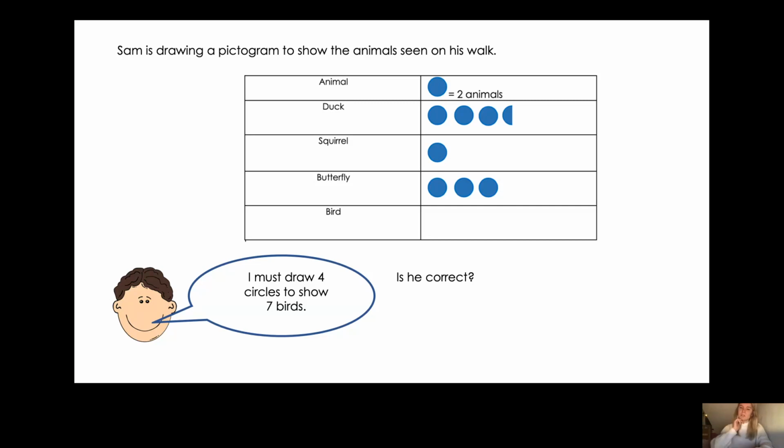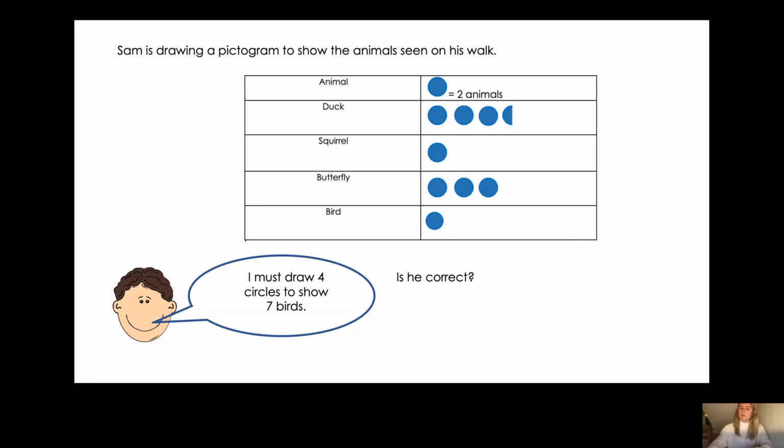Now, what is the question asking us? Well, Sam says, I must draw 4 circles to show 7 birds. Is he correct? Let's start by drawing the first circle. How many birds does that represent? That represents 2 birds, doesn't it?